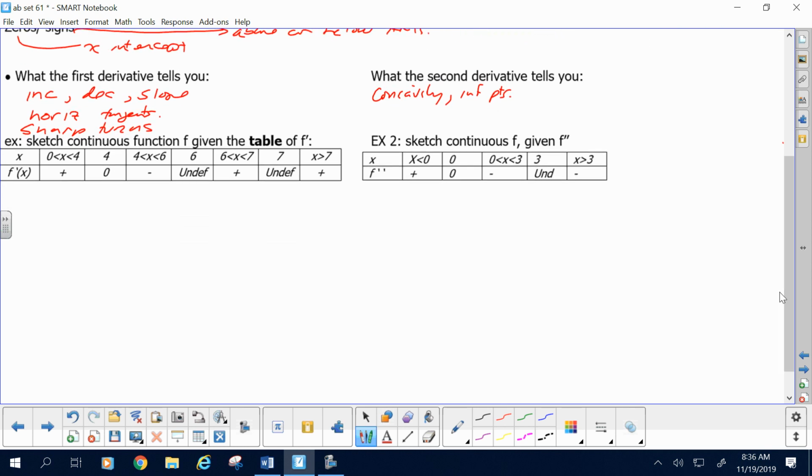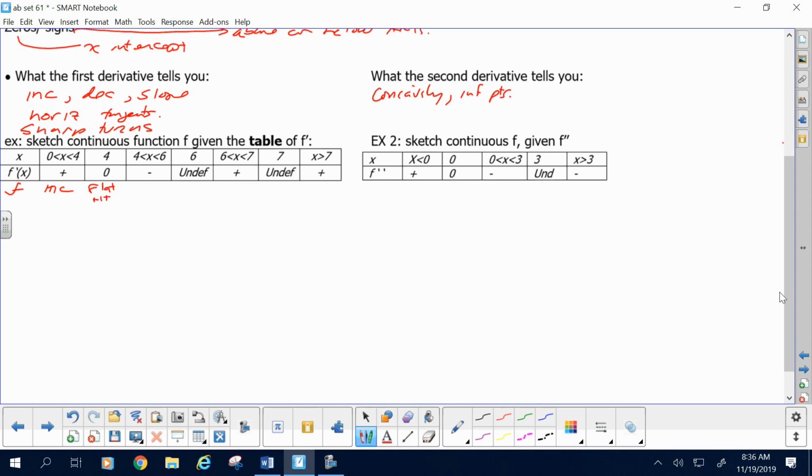We've done this a little bit, but we're going to go a little more here. If I gave you a table of f prime, and I told you that f prime is positive on 0 to 4, what does that mean? The function is increasing. If the derivative is 0 at 4, then the curve must go flat. There's a horizontal tangent.